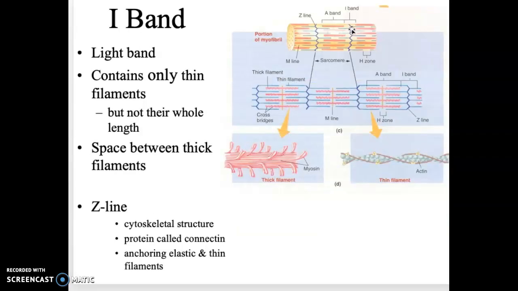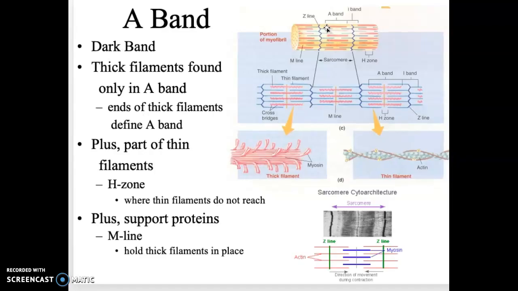The I-band is just the small part where there are only the dark blue lines. There are none of the pink lines, so this is only thin filaments. The A-band is just the thick filaments, the part with all the dark pink.